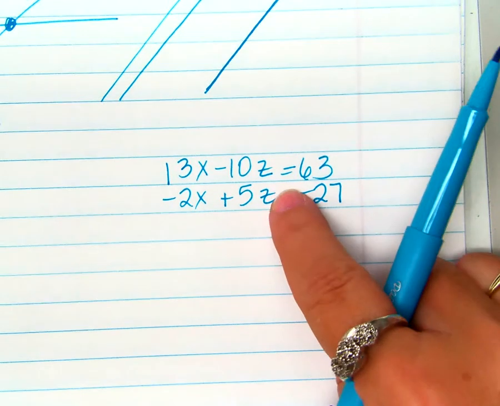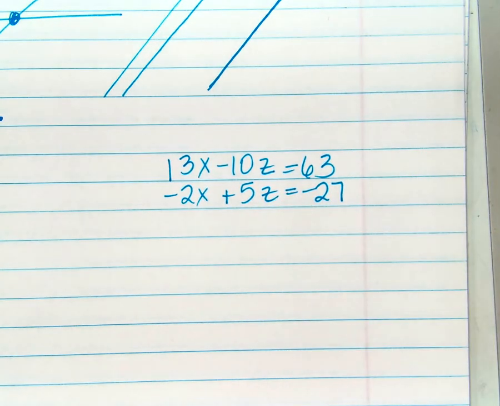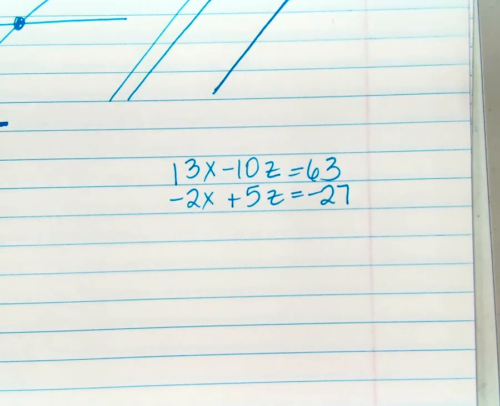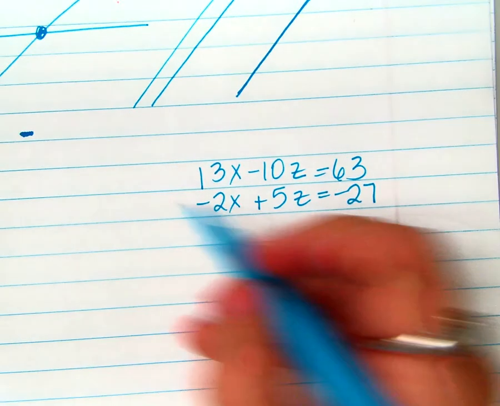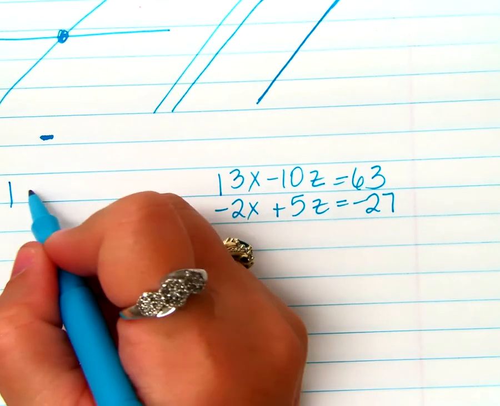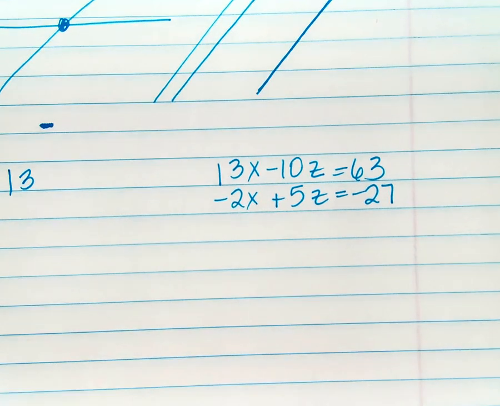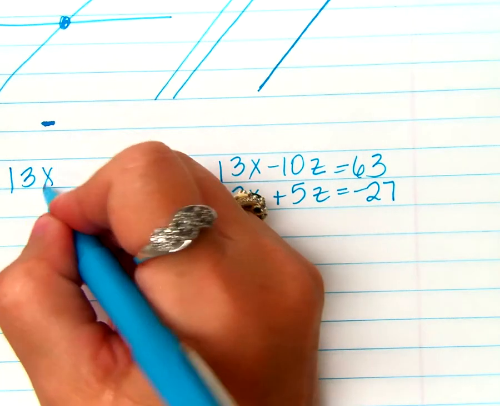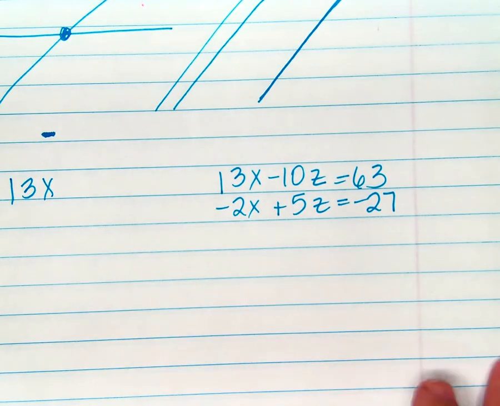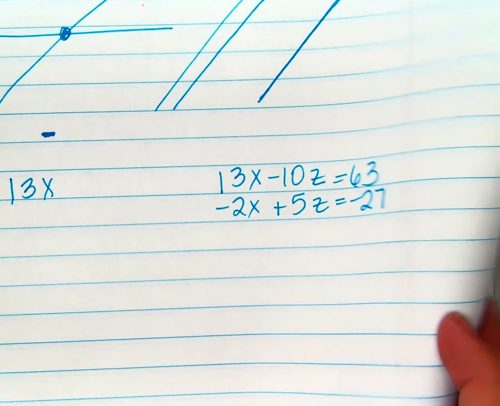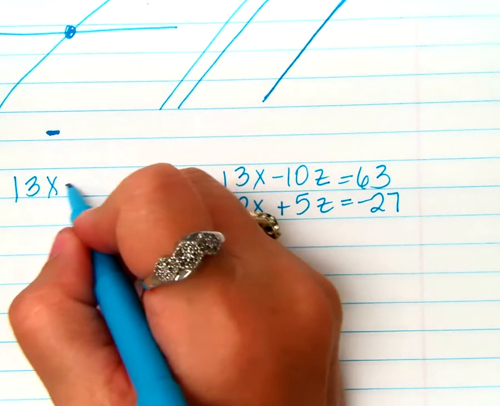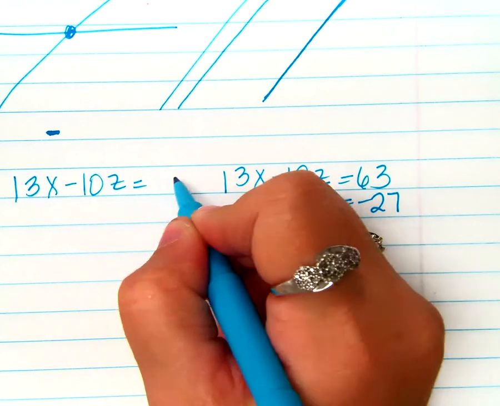What do I want to multiply the bottom equation by? Because I heard you guys saying you want to do elimination, right? So if I rewrite the first one, 13x minus 10z equals 63.